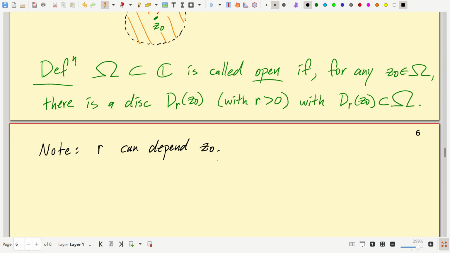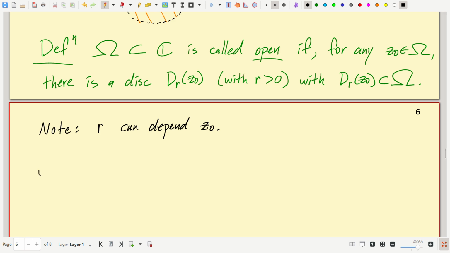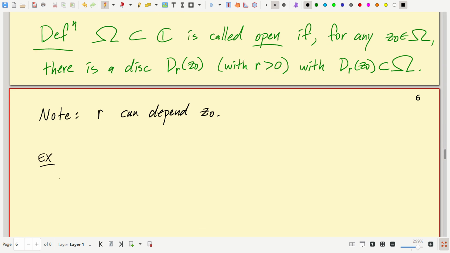An example where it depends: almost every example I draw, except the whole complex plane, it would depend. So here's an open set. I already drew a disk. Disks are open. You actually have to show that an open disk is actually open by this definition, one of those exercises that seems kind of dumb.